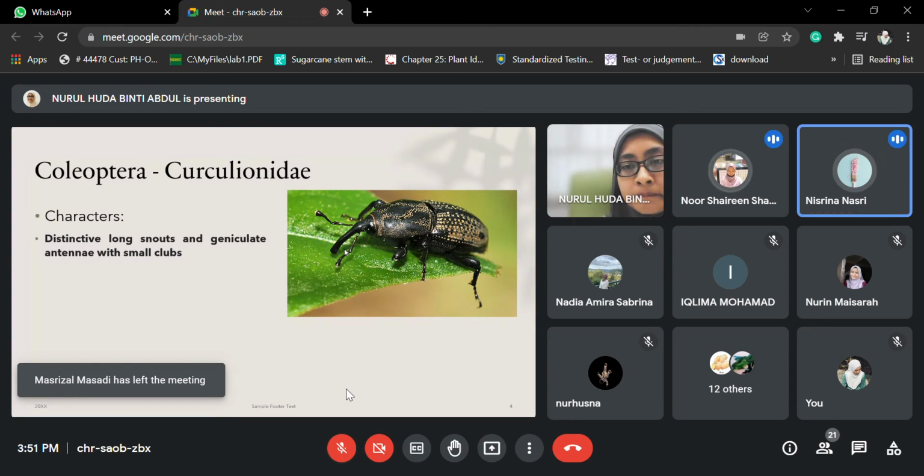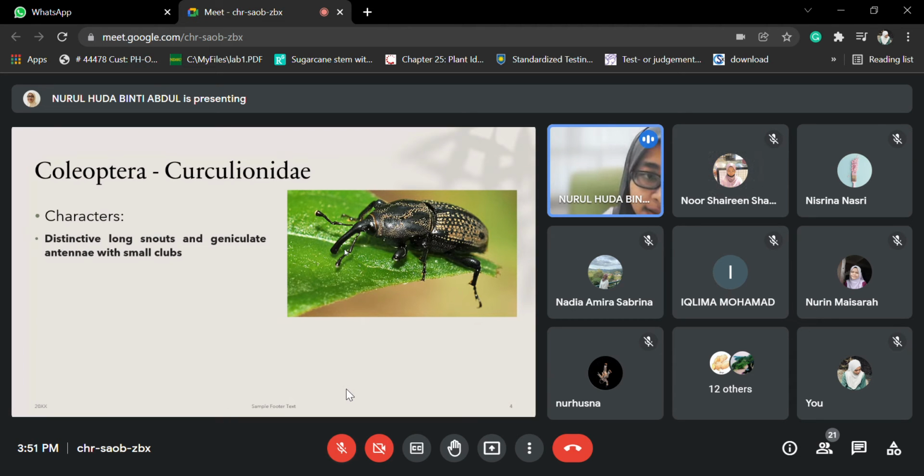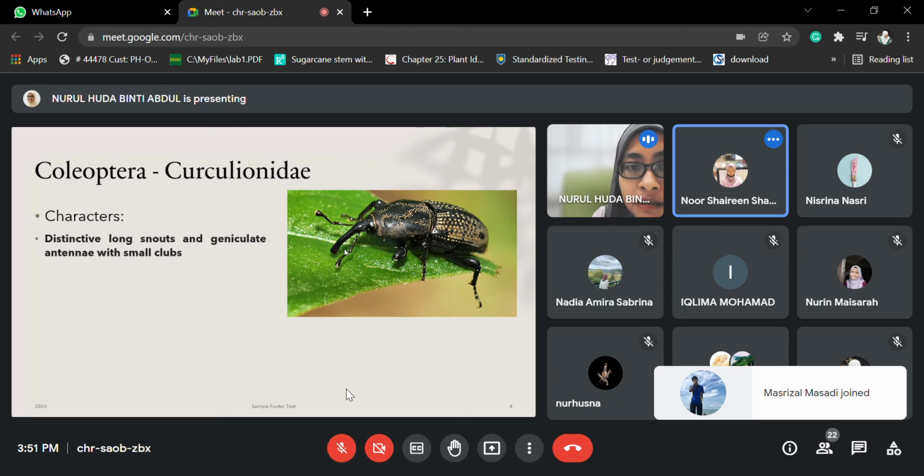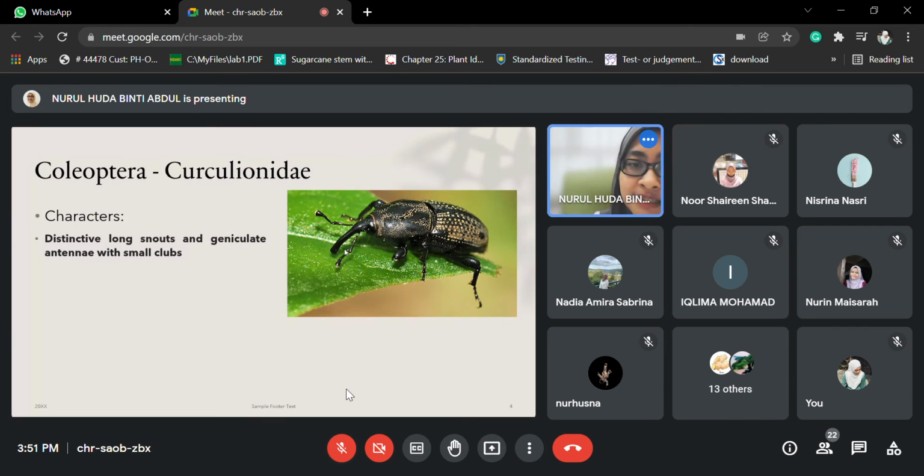What about the antenna? Before this, I said the antenna is geniculate, with a small club. What other thing do you want to say about the antenna? Is it capitate? No, it's geniculate. It is shaped like an elbow, with a part that bends like your arm's elbow.